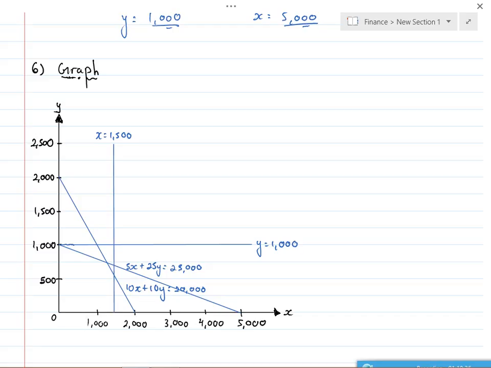You have to shade. Yes, that's called feasible region. The shading area we call a feasible region. Now, what is your feasible region? Which one? This area? Which area?